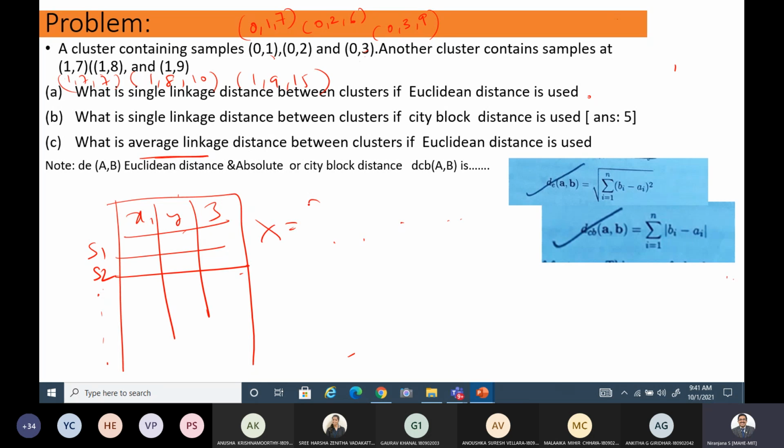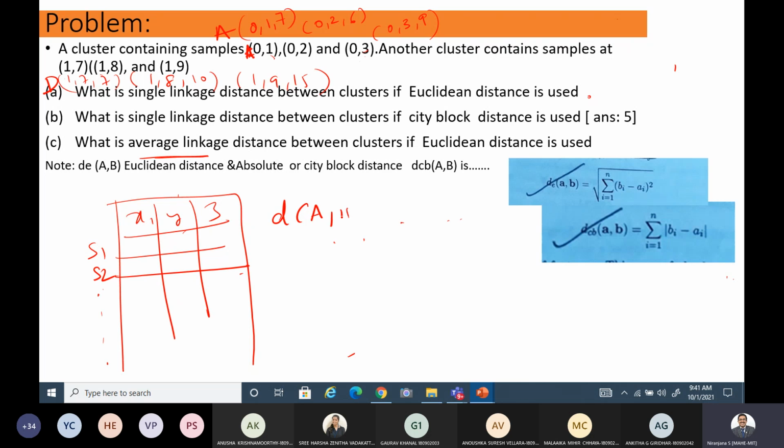Our feature vector is nothing but this, you should understand this here. And suppose you want to calculate, based on city block distance, a sample distance between, say, this is A and this is D, A to D, sample distance.